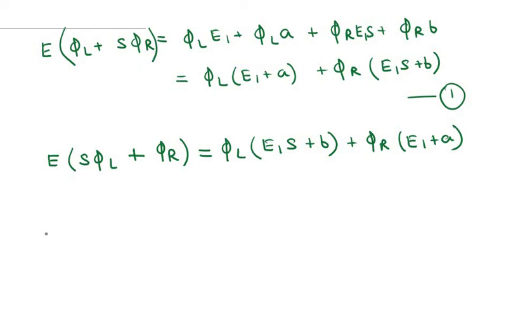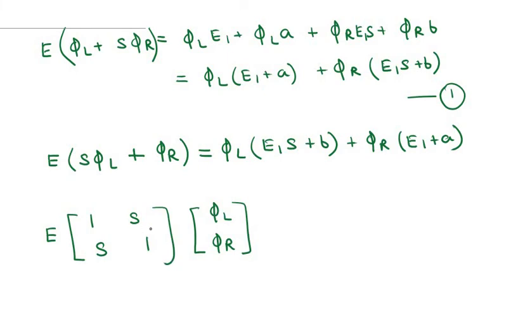So we can write it in matrix format. So E1 is, so here we would write this variable phi L and phi R. E1 is S1. So this is the first equation. The coefficient of phi L is 1, the coefficient of phi R is S. I do hope that you know how to write these two equations in matrix format, so I am not discussing it here.